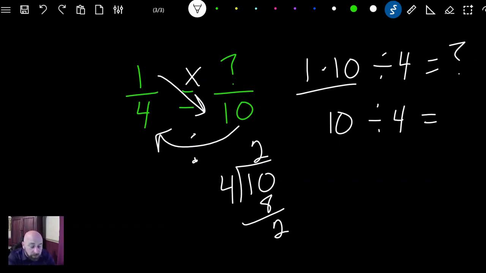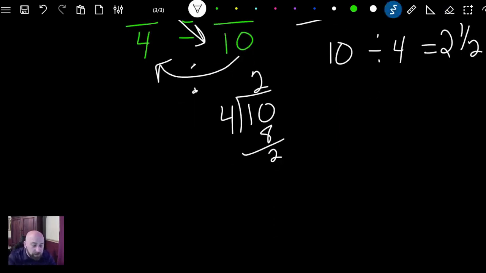If you want to put it over this, so 2 over 4, you say 2 and 2 over 4, reduce that fraction, it comes out to 2 and 1/2. The other way that you could do this is once you get 2 right here, you could continue by adding a decimal point and adding zeros until it comes out evenly. So I put my decimal point and bring down my 0 and I get 20.